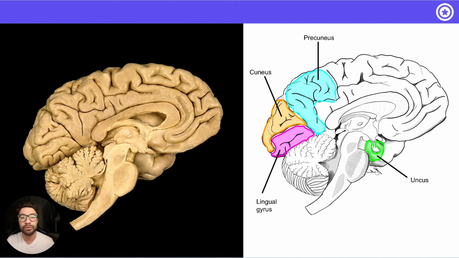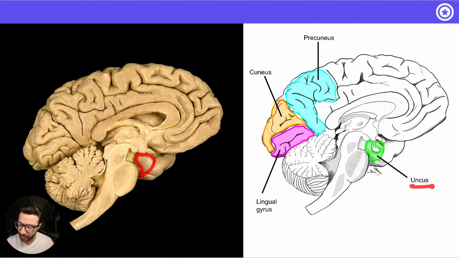So now we're going to go just inferior to this calcarine sulcus and identify this gyrus right here. This is going to be our lingual gyrus, and it's going to be inferior to that calcarine sulcus and posterior to that parieto-occipital sulcus. And then finally, if we look right here, this is going to be that temporal lobe wrapping around. And we have this little nubbin right here.